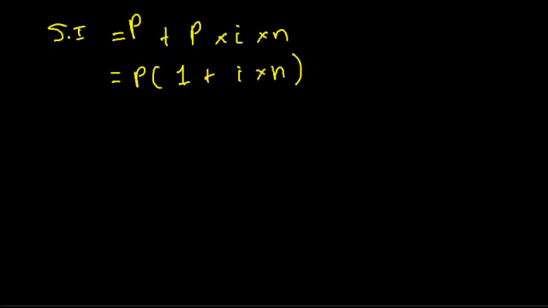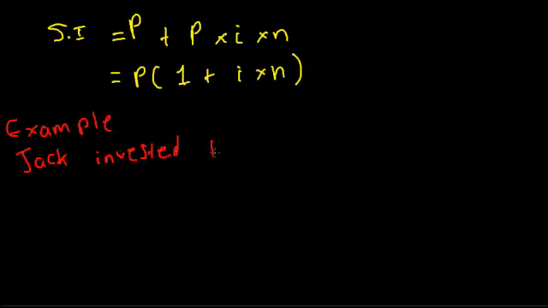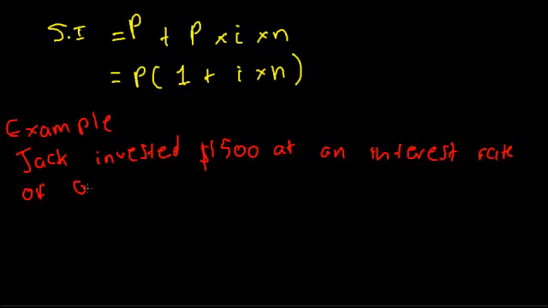All right, so let's try a question. So, example. It's just going to be a made-up scenario. So say Jack invested $1,500 into a bank that paid interest, at an interest rate of 5%, which is also known as 0.05.